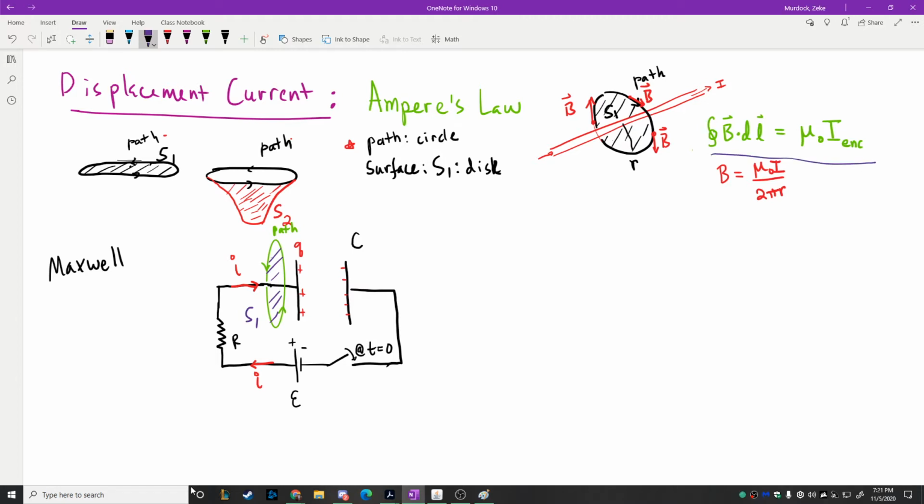Ampere's law would tell us that there would be a magnetic field there because the current I passes through S1. And I'm going to call this current conduction current. So we're going to put a little c down here to represent that our current in this case, I sub c, is conduction current.